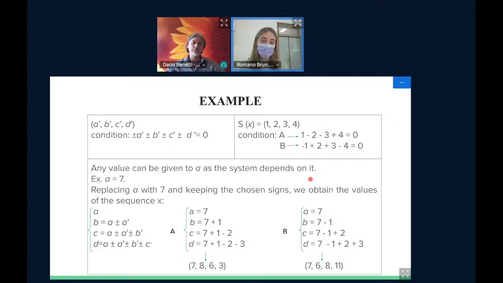Now we can attribute any value to A because the system depends on it. As we can see, by solving the calculation, we obtain two sequences, 7, 8, 6, 3 and 7, 6, 8, 11. So there isn't a unique possible sequence.